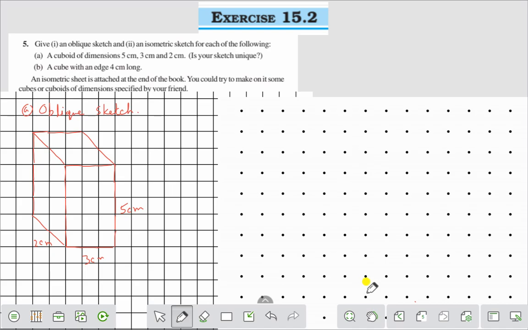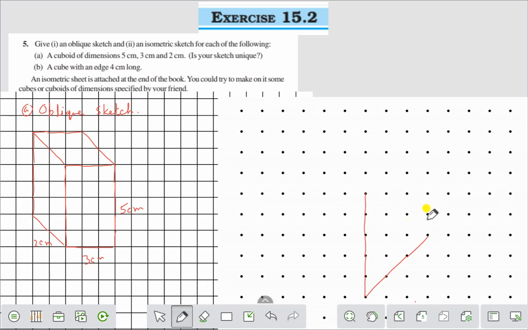From here we are taking 5, that is 1, 2, 3, 4 and 5. And in this direction it is 3, that is 1, 2 and 3.